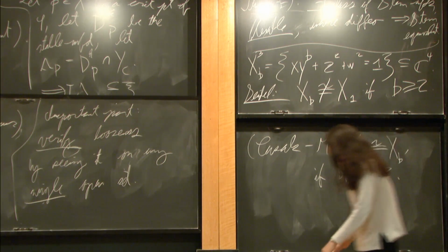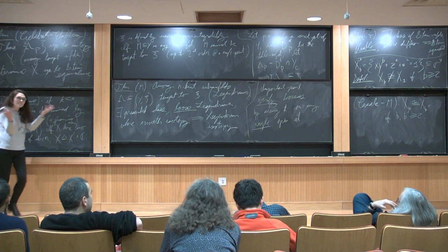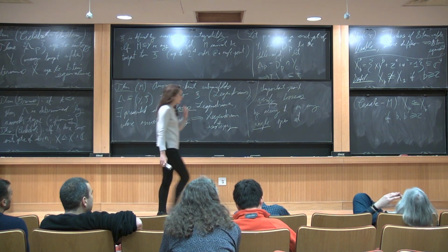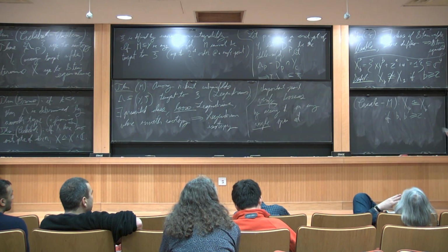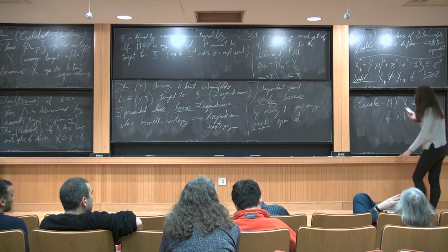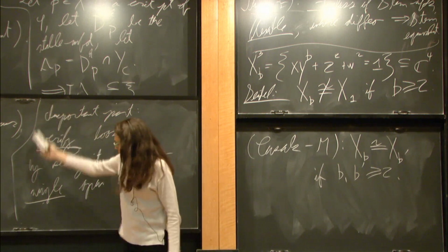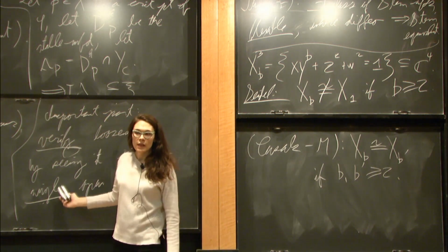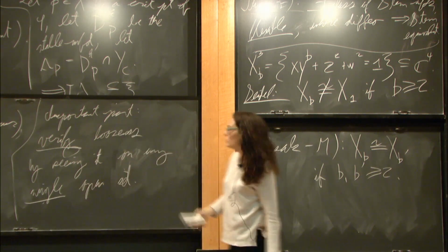So this seems sort of surprising. Why should 2 or bigger be any different than 1? And I think people were surprised by this when they first saw it. The way to think about this is in the statement that it's possible to verify looseness on a single open set.